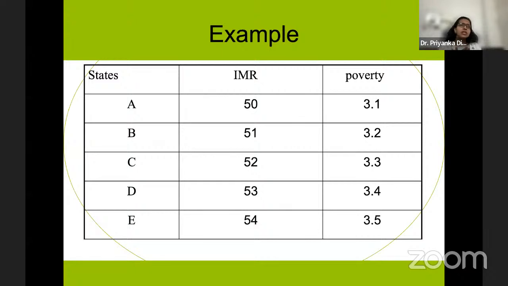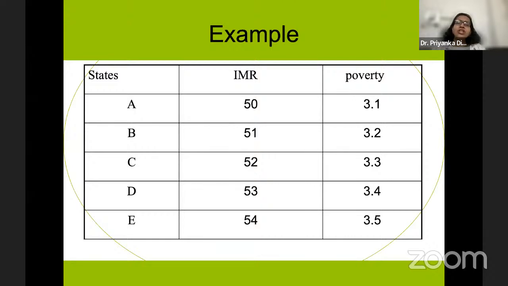But if we have some sense of the cause and effect, let's say I know that if I spend a lot of time on exercise, then my blood pressure will come down. So I know that exercise is going to affect the level of blood pressure. In this situation, we can apply the regression analysis. When we have the idea about the cause and effect relationship, then we should go with the regression analysis.